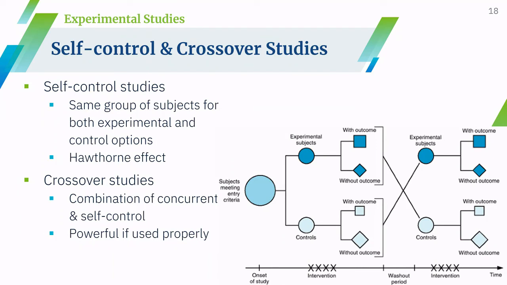A moderate level of control can be obtained by using the same group of subjects for both experimental and control options. The study by Sota and colleagues, in 2002, involved patients who underwent cholecystectomy. Follow-up occurred 1 and 3 months after cholecystectomy to detect changes such as abdominal pain, flatulence, and dyspepsia.